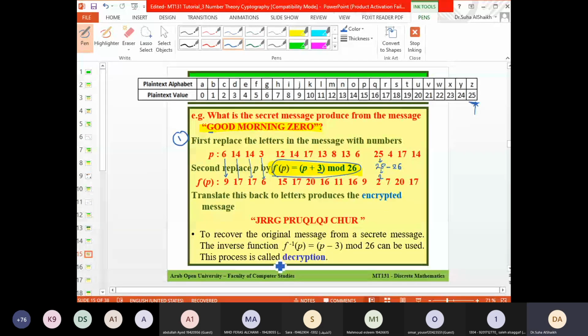You got it? For 25, when I added 3 it became 28. But 28 is more than 25, which is where I move up to. The maximum I reach is 25, which is Z. So we subtract 26 and the result will be 2.